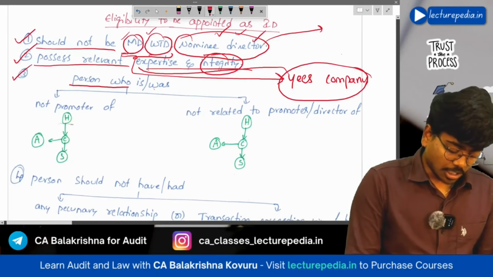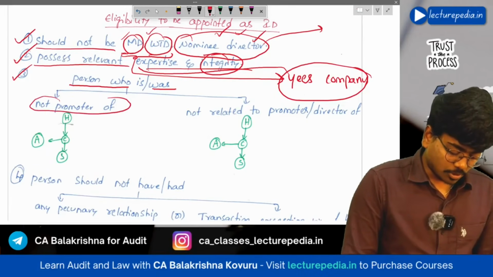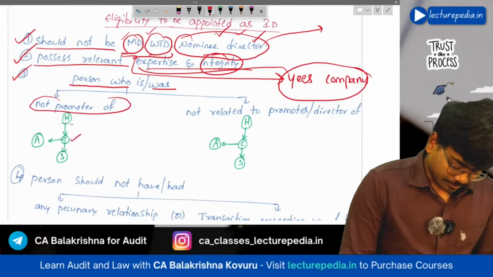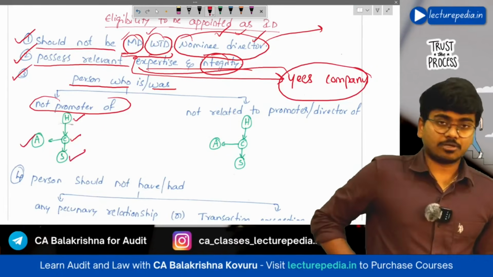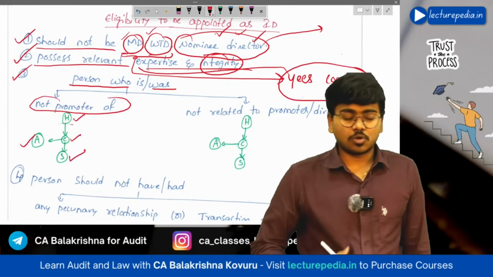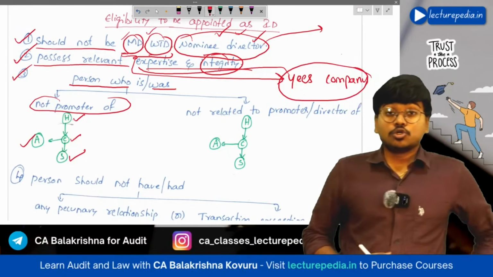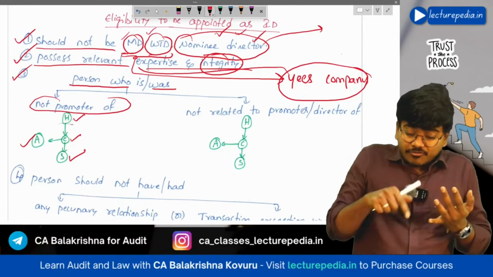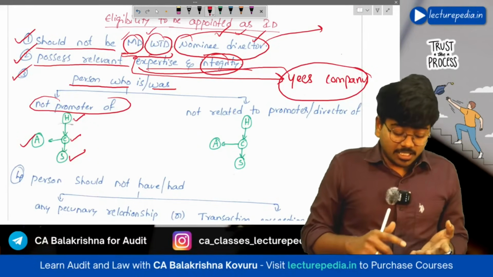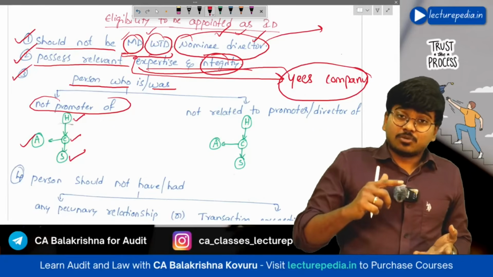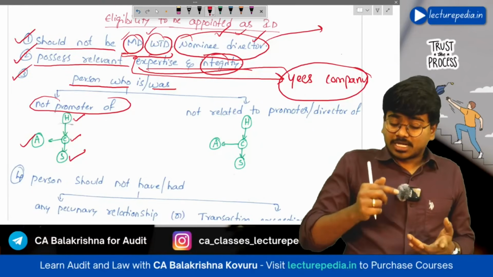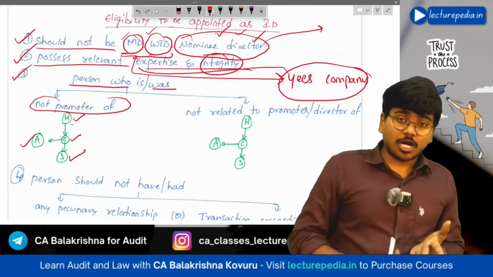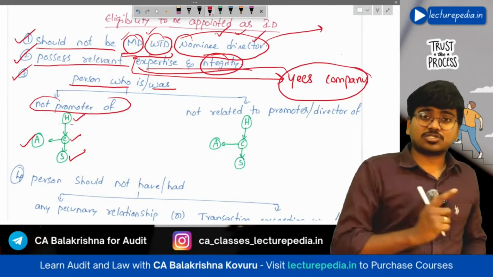A person who is or was not a promoter of the company, holding company, subsidiary company, or associate company. The person whom you are going to appoint as an independent director should not be a promoter of your company, of your company's holding company, of your company's subsidiary company, or of your company's associate company.